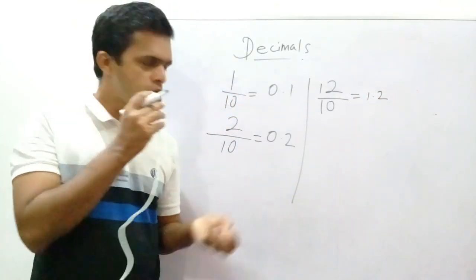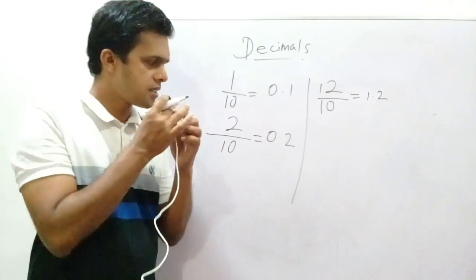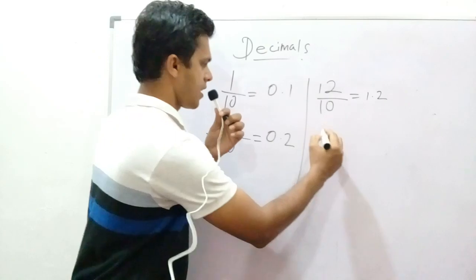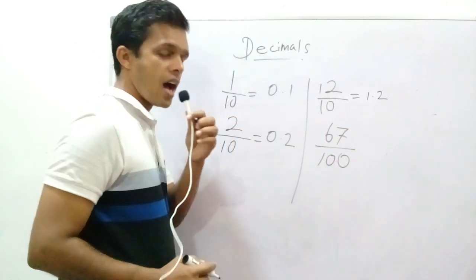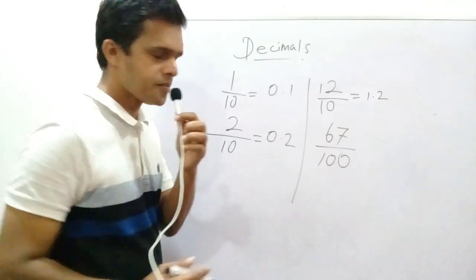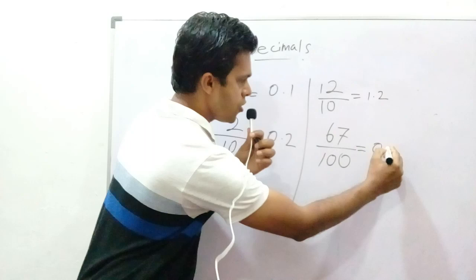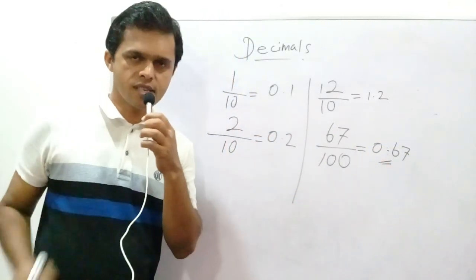You know how to write given fractions as decimals. How about this one? 67 over 100 equals 0.67.